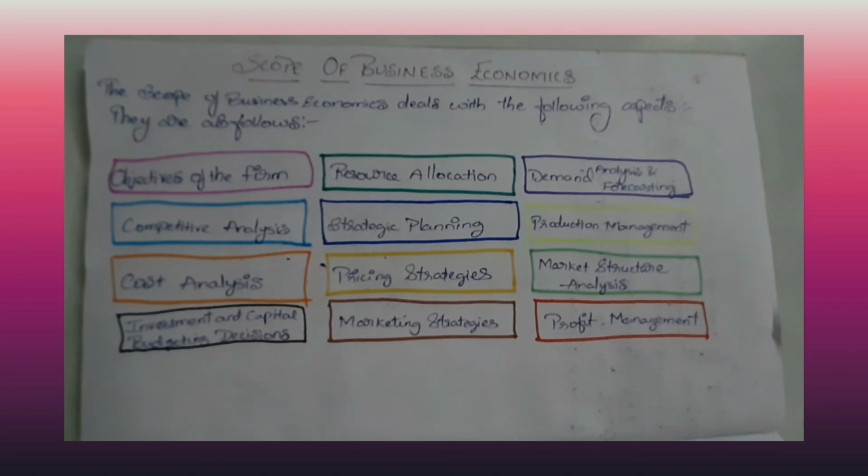Profit is very important, and how to sustain it and how to use it is also very important. Maybe it can be used again for the further purposes of the company, or it can be distributed between the partners, and a few organizations also use a part of it for public welfare. So this is again another important concept dealt with by business economics and its scope.